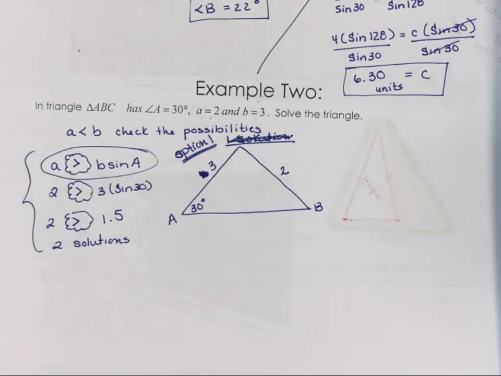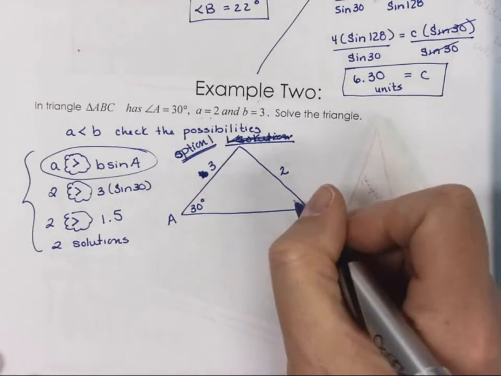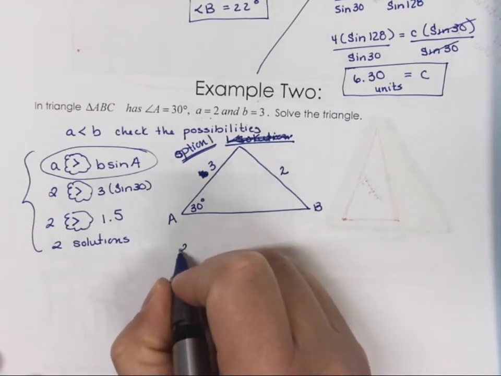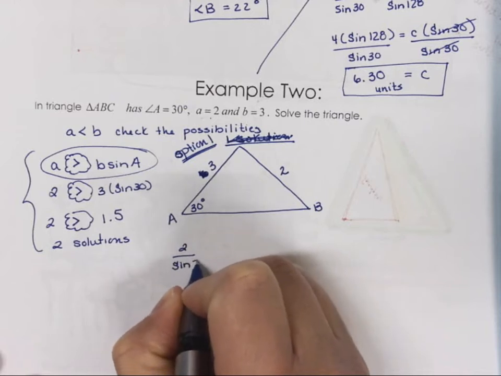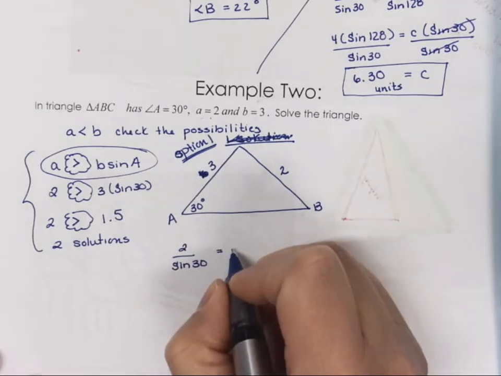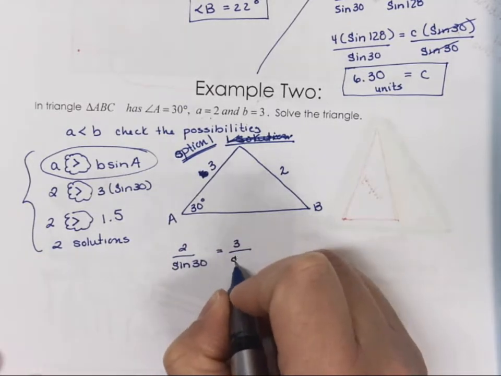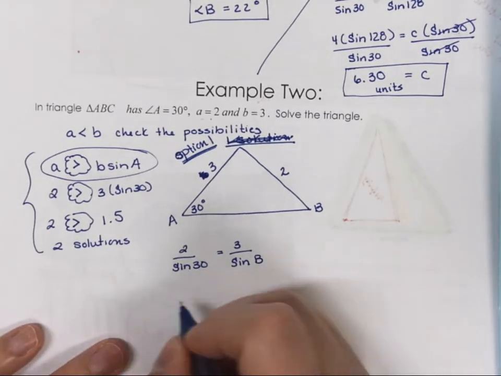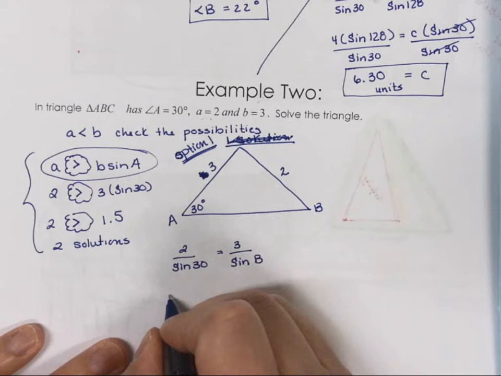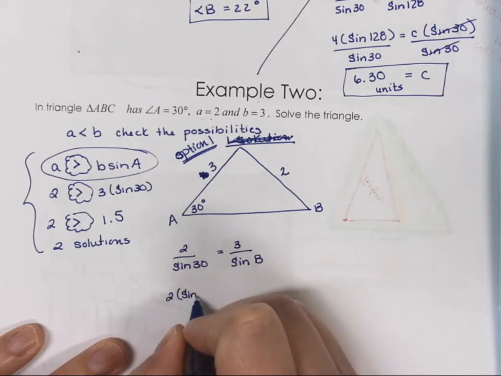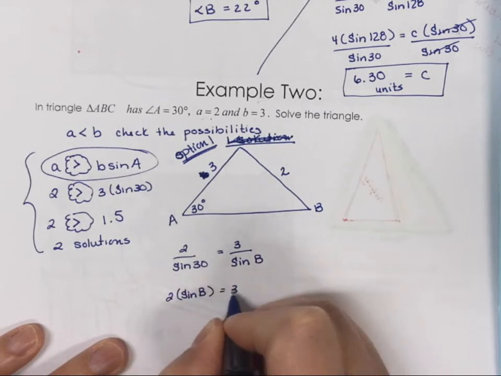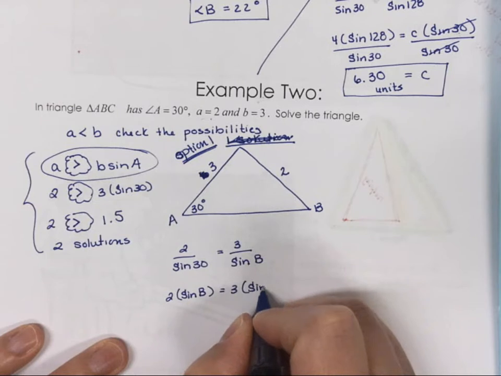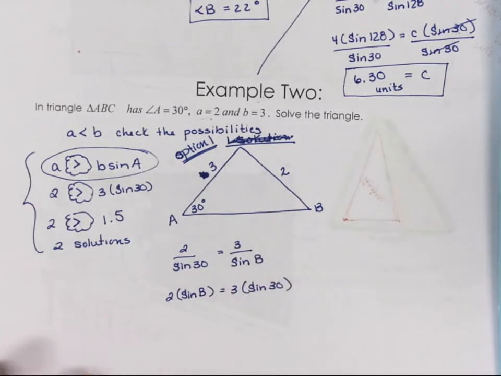So 2 over sine 30 equals 3 over sine B. So again, I'm going to go ahead and cross multiply. I'm just going to stop here for a second because that's the result of cross multiplying. That's what I get.